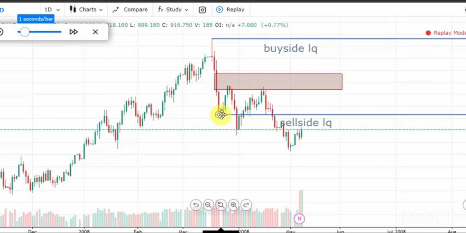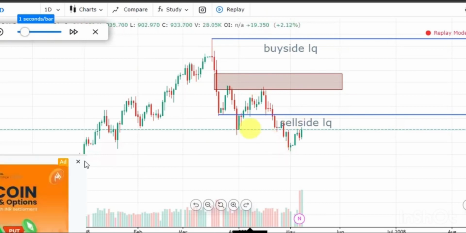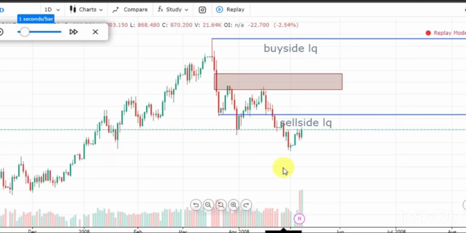You can always look if there's any fair value gap or any other analysis as we go along. I'll get into those further, such as the order blocks or the breaker blocks and so forth. Then you just wait until the liquidity gets swept, and wait until it respects an area of interest and heads back in the opposite direction.